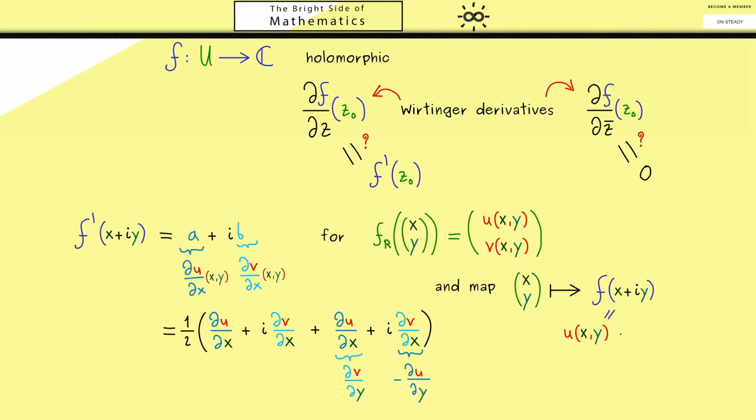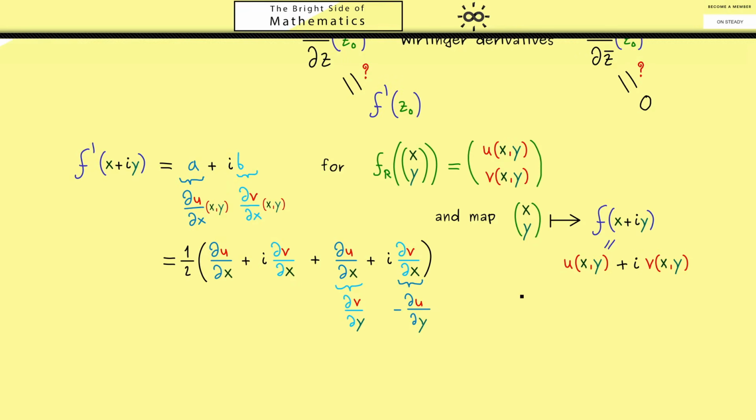And this helps us because this function we can write as u plus iv. And now you might already see, on the left hand side we use exactly this. Here, the first part we can write as the partial derivative with respect to x of u plus iv. And now in order to get this in the second part as well, you see we have to pull out a minus i. And when we do this, you see we also have the partial derivative now with respect to y of u plus iv.